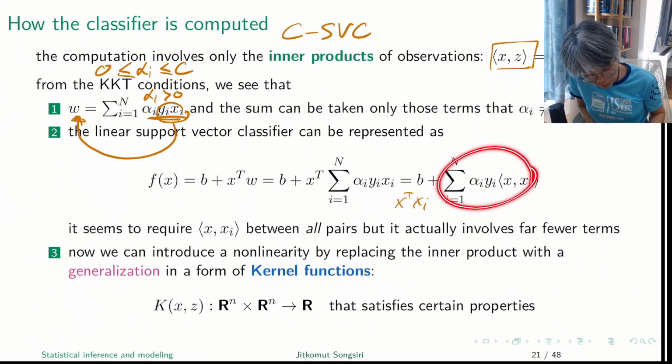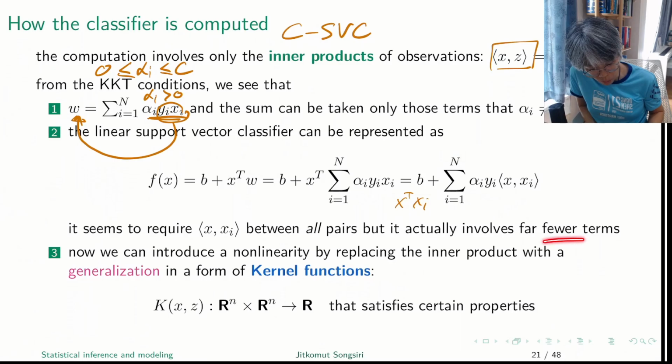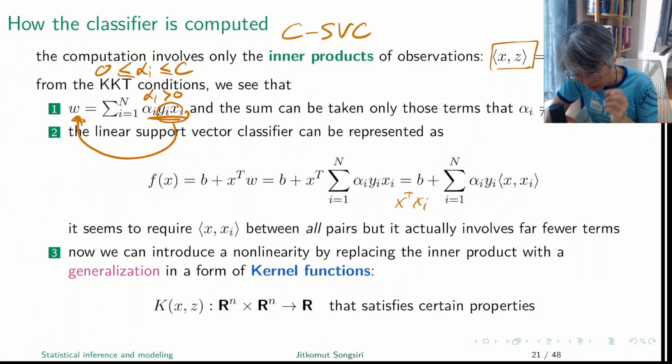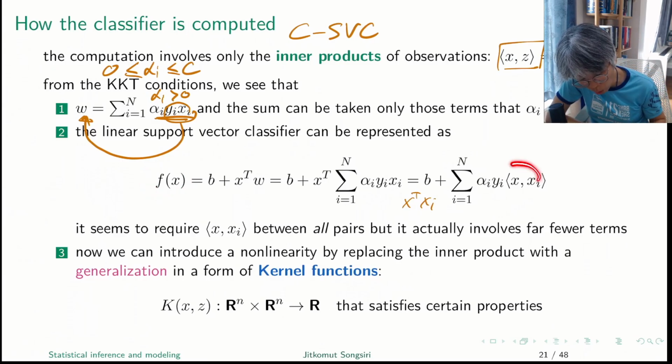So the summation here requires much fewer terms. You don't need all the n observations, only those i that correspond to positive alpha_i. So when you compute a linear classifier, only the inner product is required.